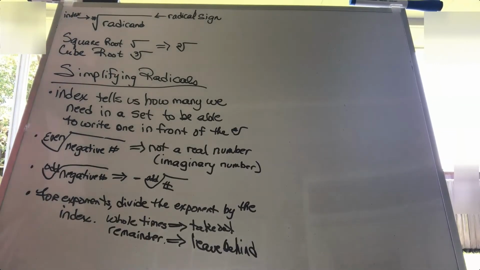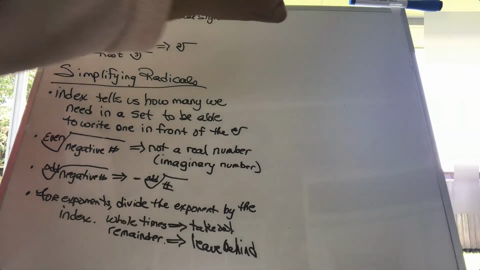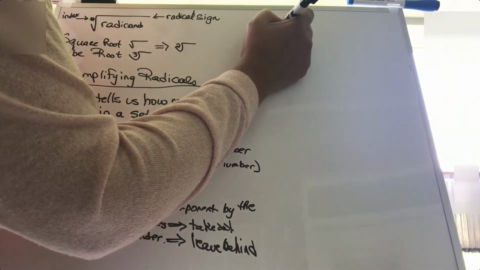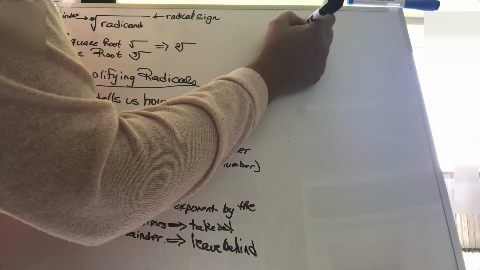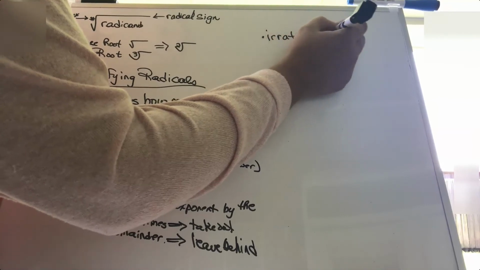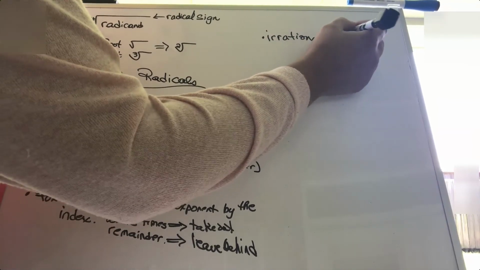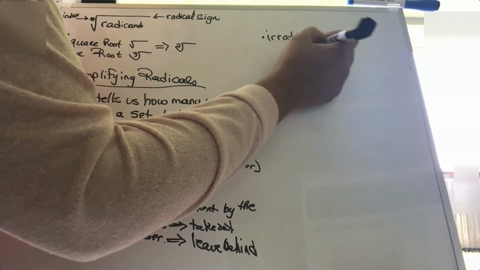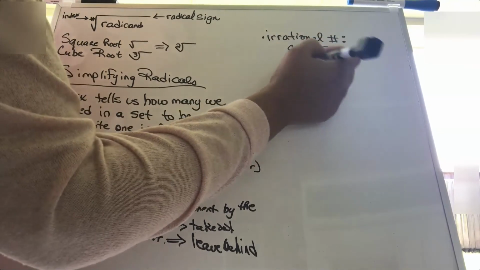Oh, I didn't mention the irrational number. Our irrational number. Remember, our example is the square root of 7.